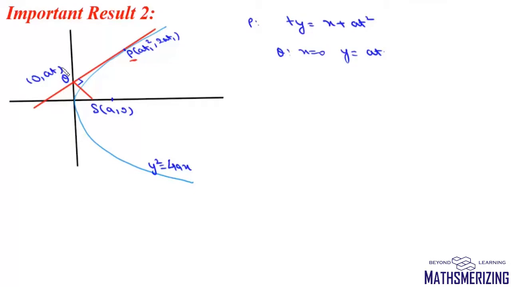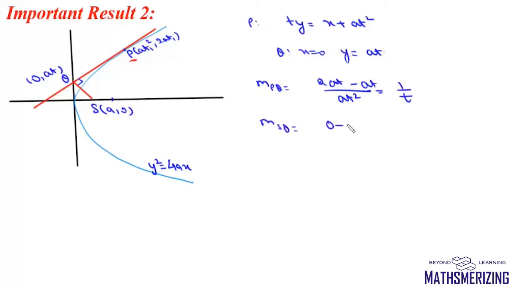Or in other words, we have to prove that SQ is perpendicular to PQ. So we'll find slope of PQ. What is slope of PQ? It is 2at minus at upon at square, so it is 1 upon t. And we'll write slope of SQ.